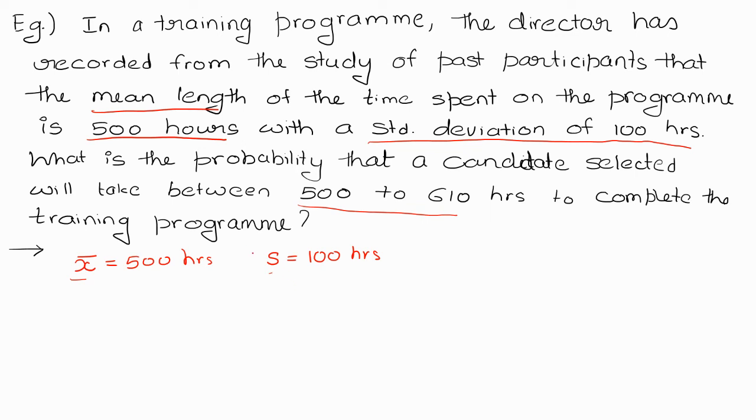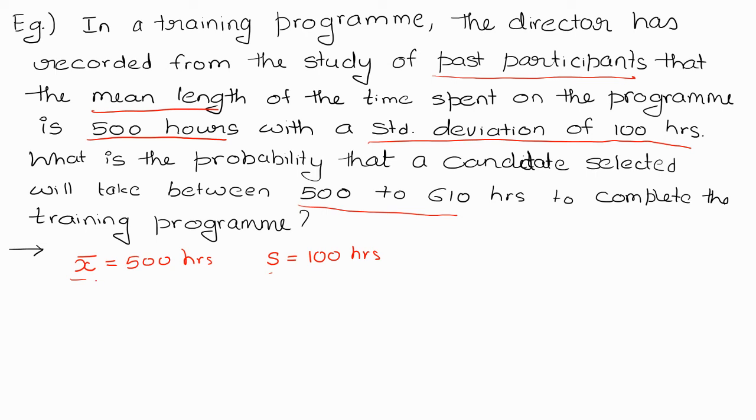That is, whether the entire data given is for the sample or the population. Let's see what is given: this has been recorded from the study of past participants. That is, it has been taken from the sample. These past participants were my sample.